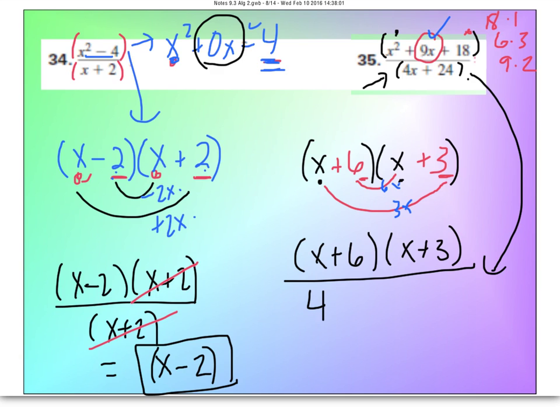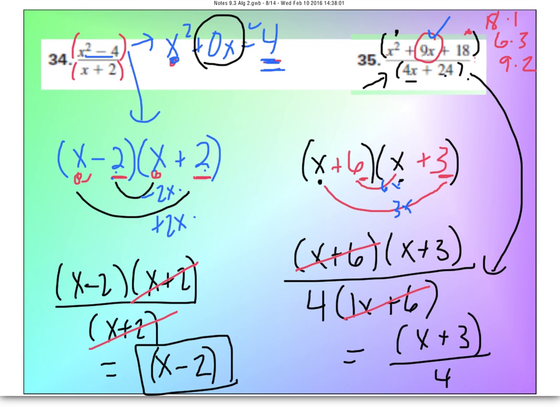So I'm going to pull the 4 out. 4 divided by 4 is 1x. 24 divided by 4 is 6. Now you can hopefully see there's an obvious group. x plus 6 can cross out. So with that, what we're left with on the top is x plus 3, and on the bottom is a 4. No other groups match, so that's our final answer.